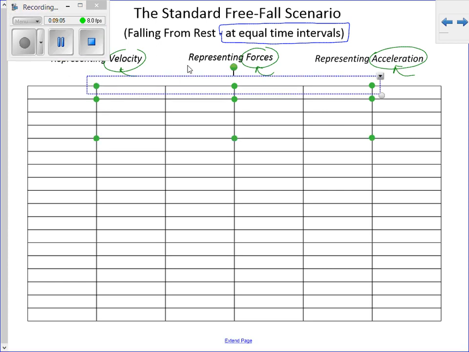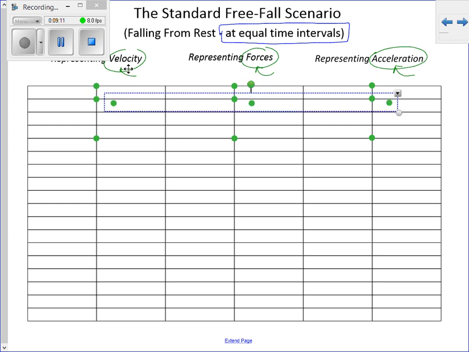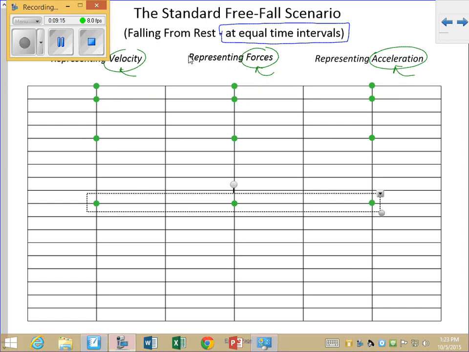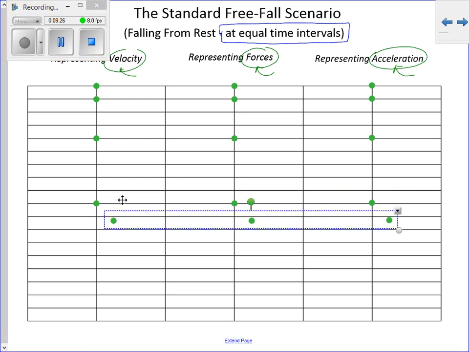After the next equal interval of time, they will have fallen 9 blocks down, so let's move these to 9 blocks down. And then in the next unit of time, they will have moved 16 blocks down, so let's move this down to 16 units down.